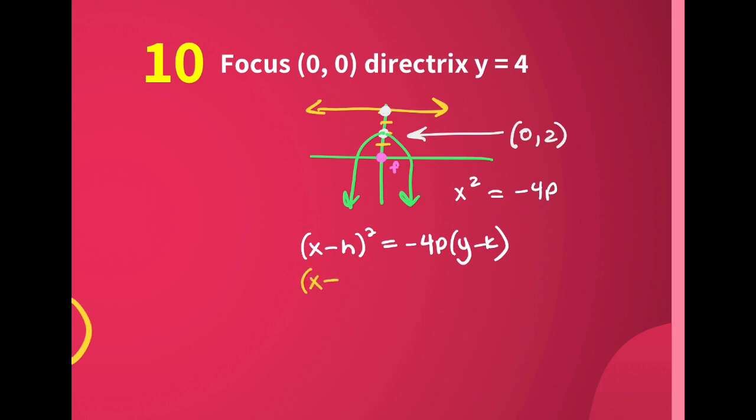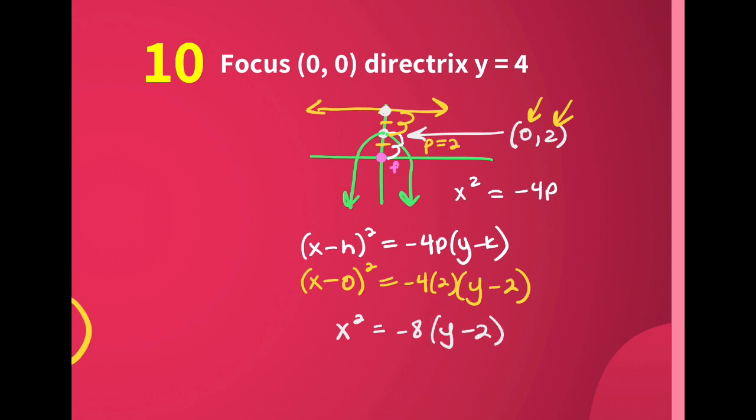X minus my h, which is the x coordinate of my vertex, and that's 0, equals negative 4. P is the distance from the vertex to the focus or the vertex to the directrix. Either way, P is 2. And then y minus my k, which is the y coordinate of your vertex, which is 2. So simplify this, x squared equals negative 8 times y minus 2.